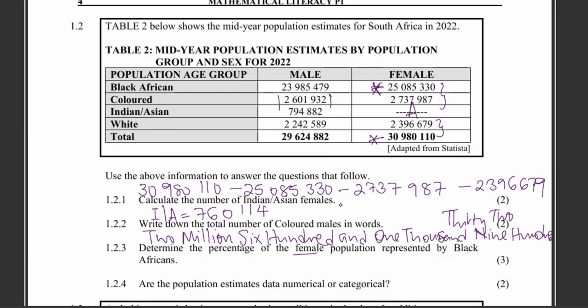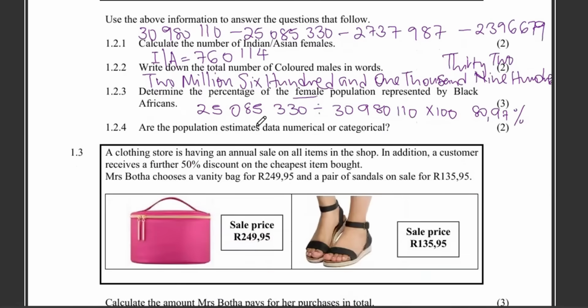That means we shall say 25 million 85,330 divided by the total, which is 30,980,110, times 100. So here the answer became 80.79%.